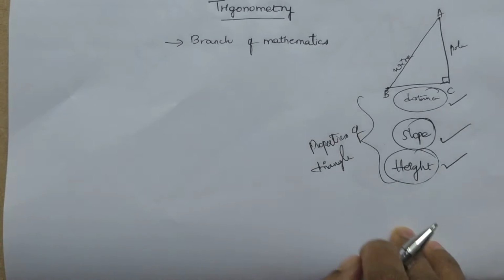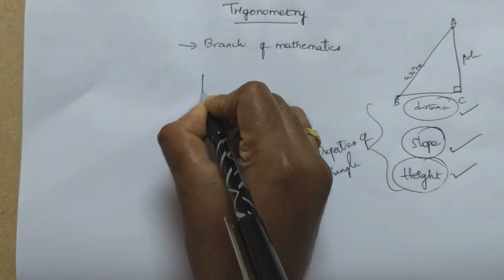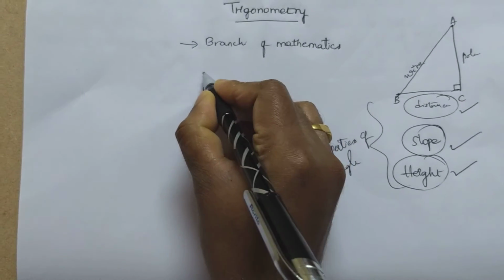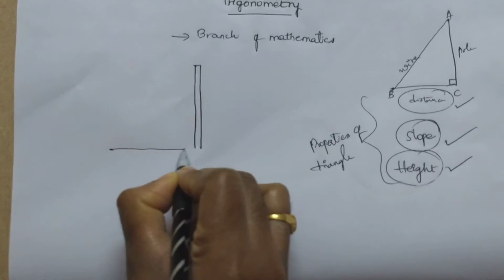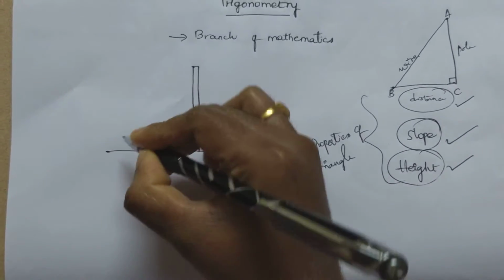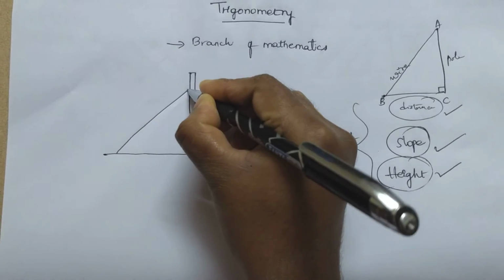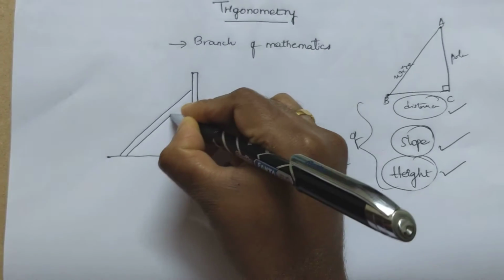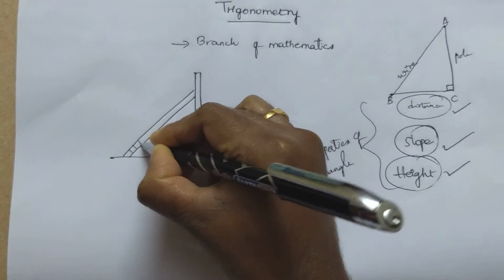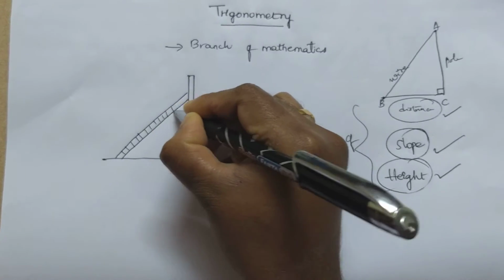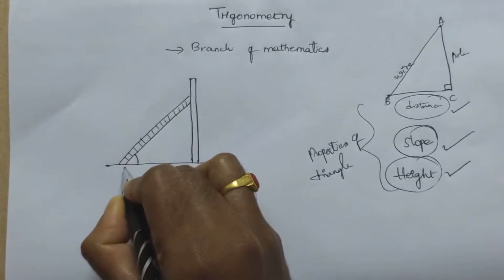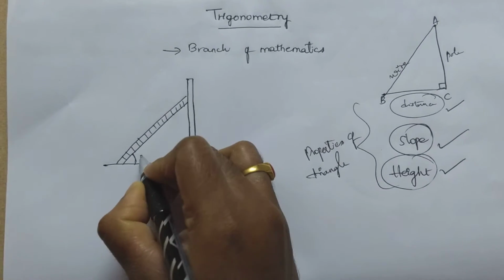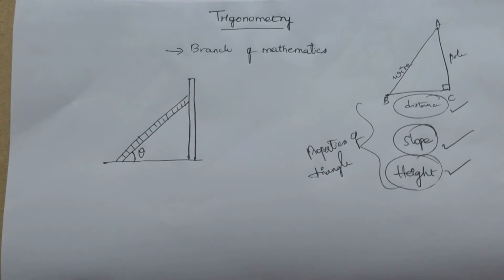So consider this as a wall, and this is the ground, the ground level. If a person wants to whitewash the wall, this is a ladder. Let the angle formed by the ladder with the ground be theta.